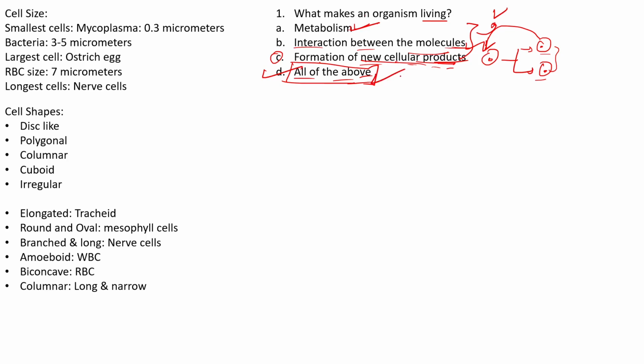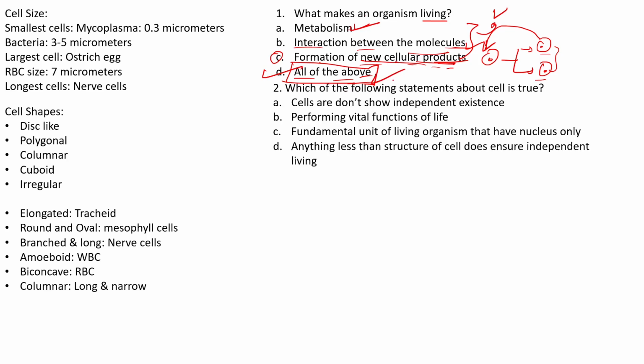Let us move on to another question. Which of the following statements about the cell is true? Cells do not show independent existence; performing vital functions of life; fundamental unit of living organisms that have nucleus only; and anything less than the structure of a cell does ensure independent living.